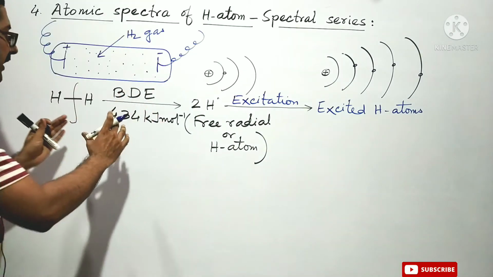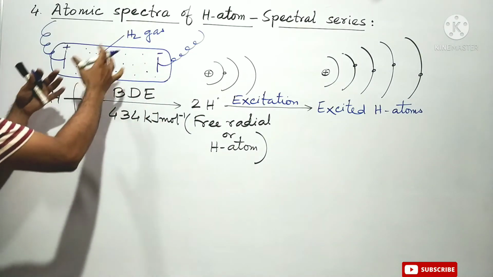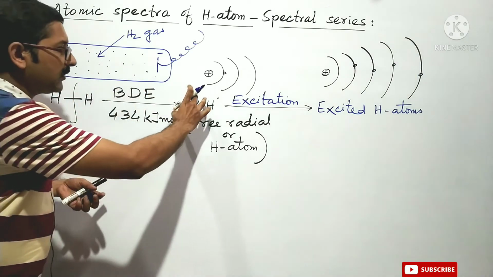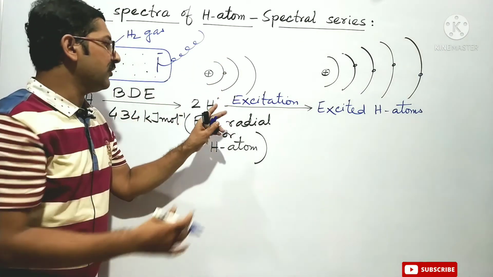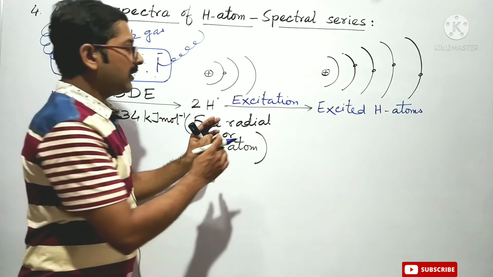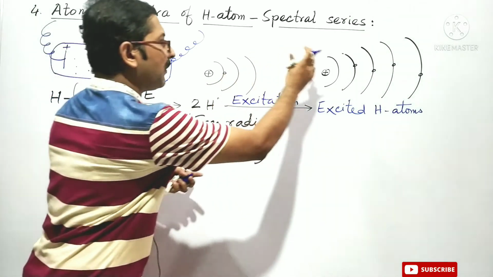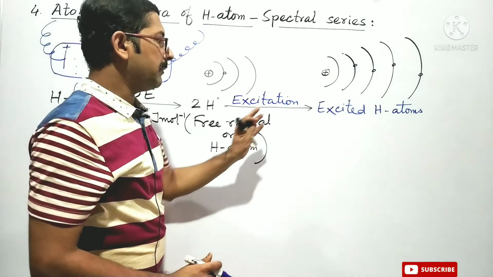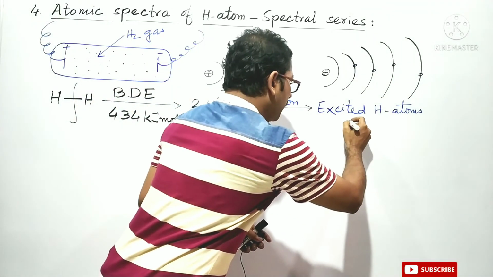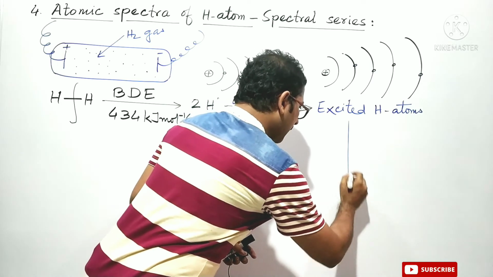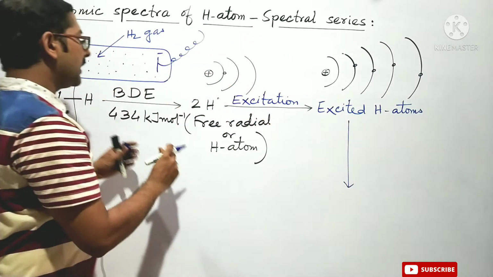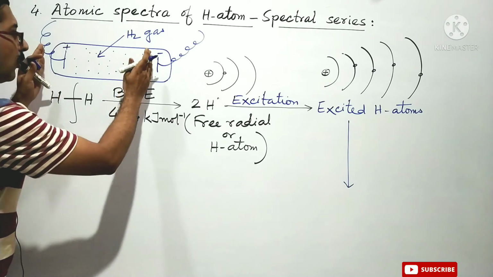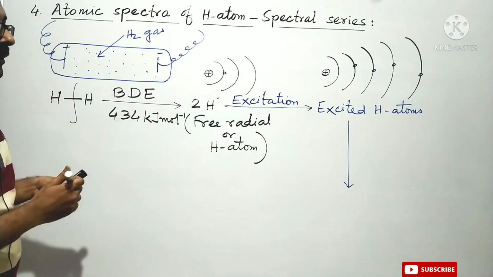As I told earlier, there are crores and billions and trillions of molecules. When the molecules are broken, they produce billions and trillions of hydrogen atoms, and the electron of different atoms will go to the different energy levels. Okay, and now what will happen? Look, now if we stop the energy source, if we stop the current, what will happen?